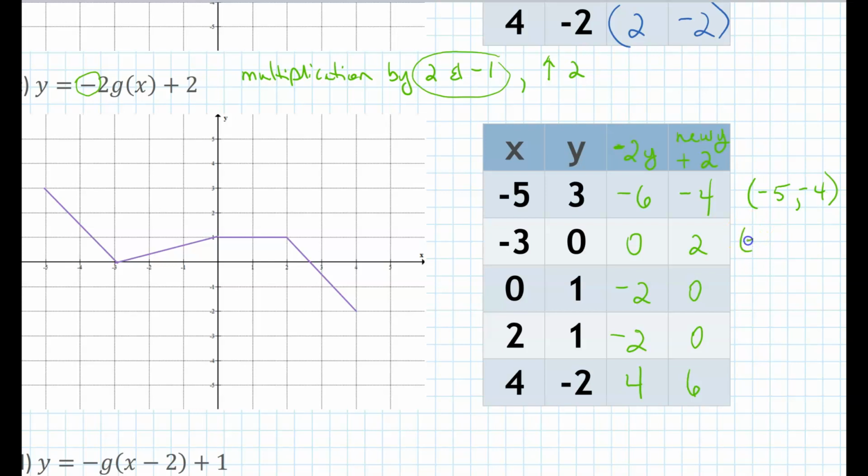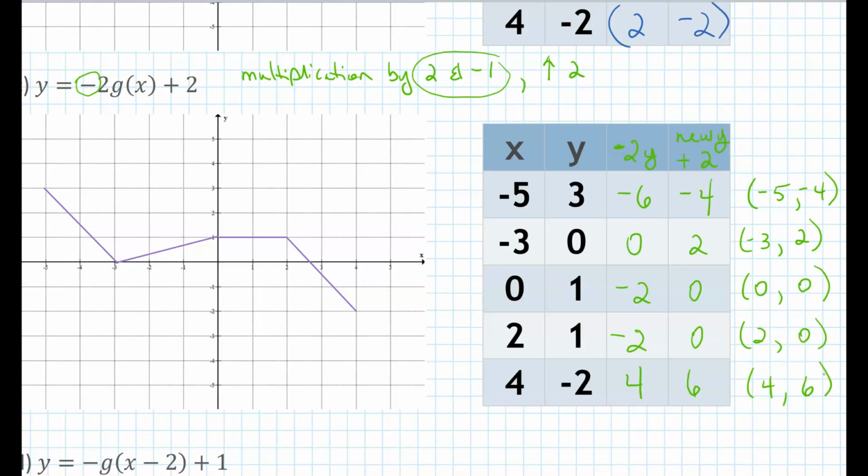The next one, x is -3, y is now 2. The next one, x is 0, and y is now also 0. And we get 2, 0, and we get 4, 6.